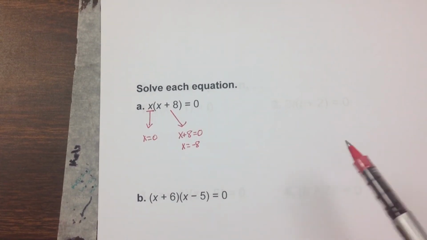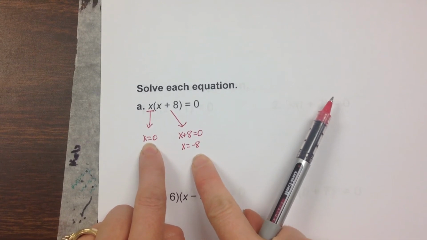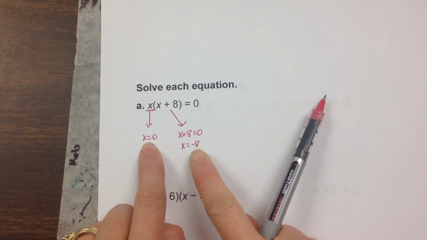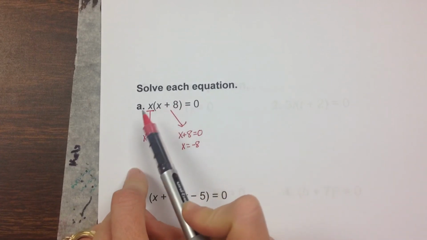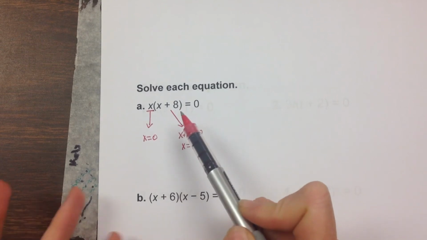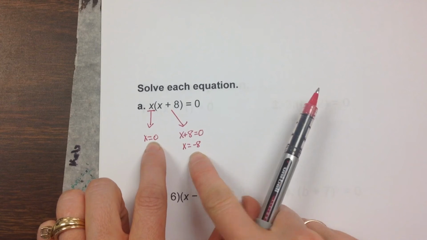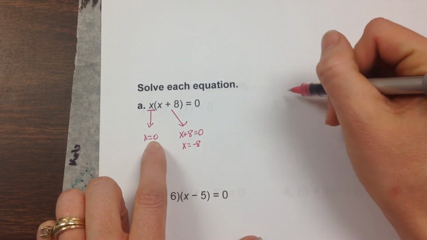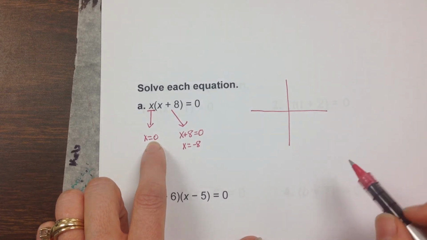Just a preview ahead, so you understand why this actually has two answers. Just like we graph a linear equation, it makes a line. When you graph a polynomial, it makes what we call a parabola. You don't need to know this, but I just want to point out what these two things are. If I were graphing this, this is just going to be a rough sketch.